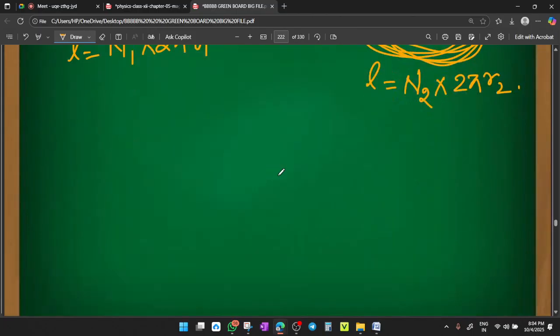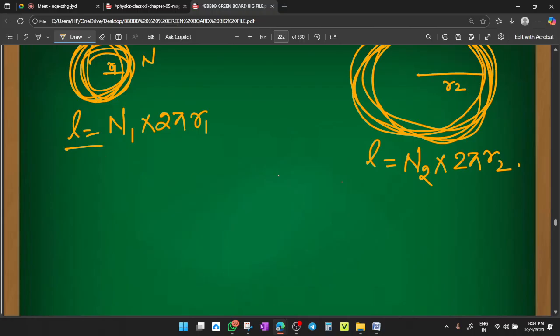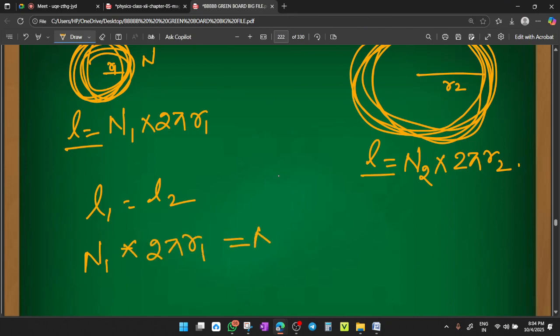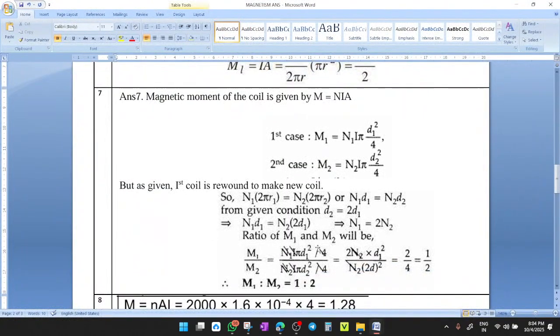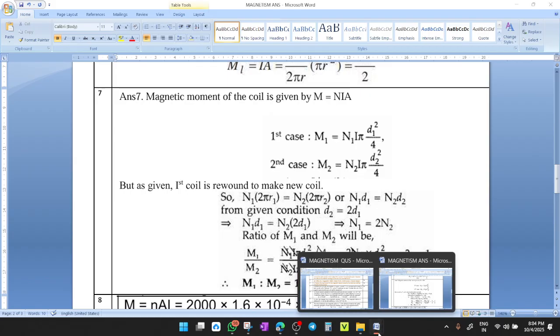So L1 equals L2 in both cases. So N1 into 2 pi r1 equals N2 into 2 pi r2. The 2 pi cancels out, so N1 r1 equals N2 r2. Clear? So we have the concept N1 r1 equals N2 r2.